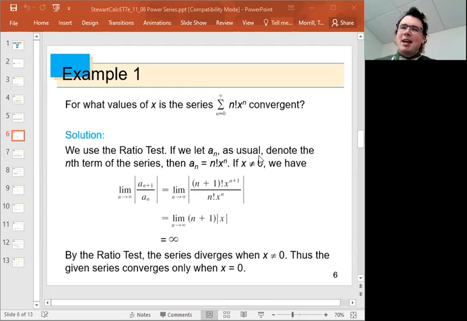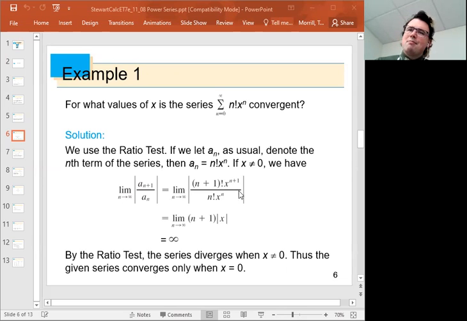So I get my cancellation as usual. And this limit will look like the limit as n goes to infinity of n plus 1. Since positive whole numbers are positive, I don't need absolute value bars there. I don't know what value x is here, so I still have to keep my absolute values for my x.